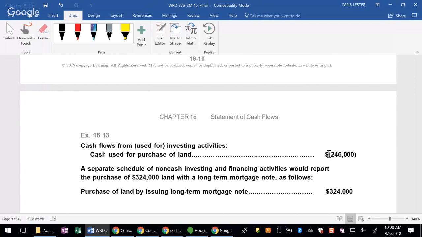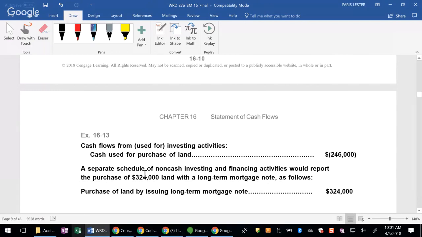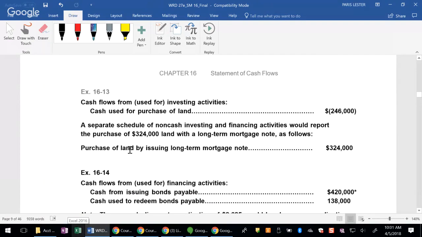All right. Now, I also gave you number 16, cash flow from operating activities, indirect method. Now, this is the same thing. I don't think there's anything new in it. Jonathan, do you have an answer for number 16?